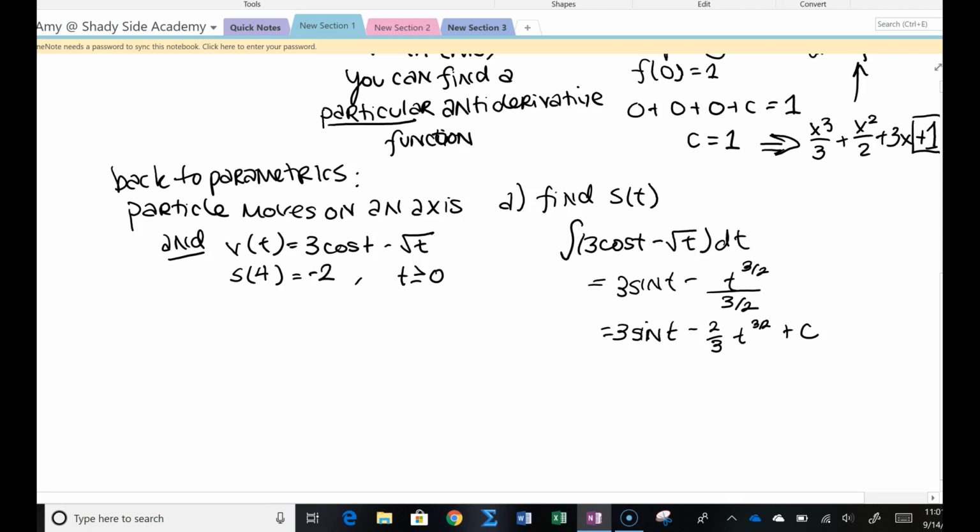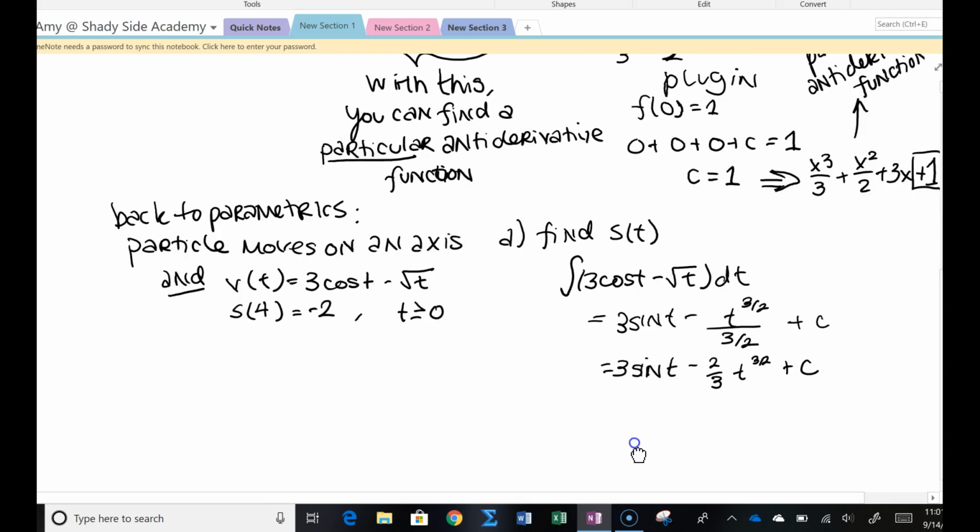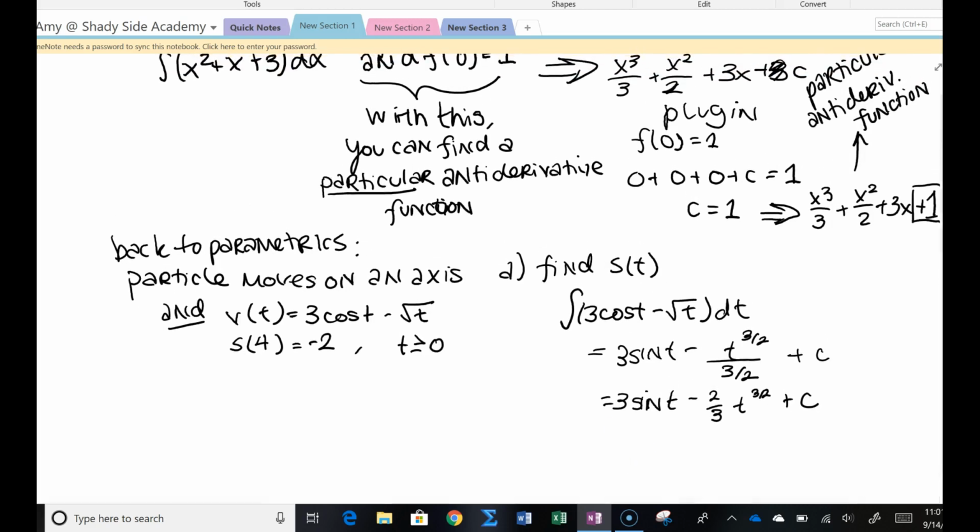Let's see. Did you say plus c, Jabril? Yes. Okay, plus c. Now, since we know s of 4 equals -2, this is where you can use a calculator. That means this here is the family of position functions. I need a specific position function that obeys the fact that at time t equals 4, s should equal -2.